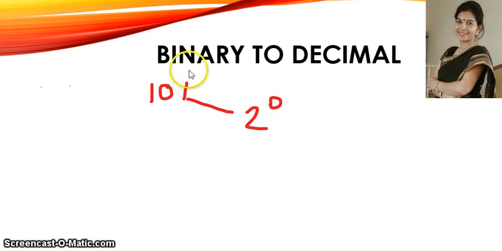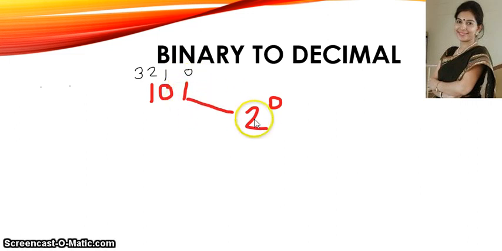You can write numbers from 0, 1, 2, 3, like that. If there are more digits, you will keep on writing like 3, 4, 5. And you have to write the place value. How can we find the place value of this digit?